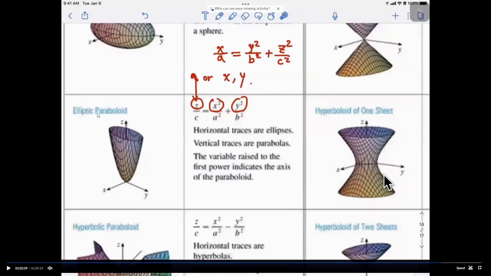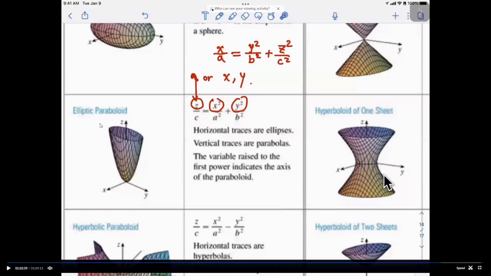Notice that this elliptic paraboloid is going to be like this. Horizontal traces will be ellipses. Vertical traces are parabolas. The variable raised to the first power indicates the axis of the paraboloid. You see this one? It's to the first degree. That's the axis of the paraboloid. You see the axis here? It's the z-axis.